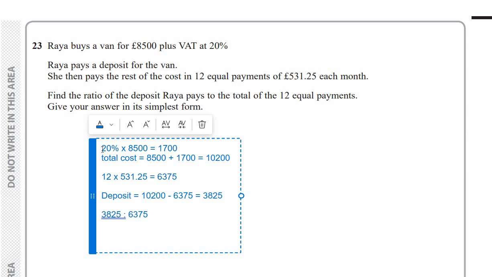Right, so we could start off by dividing by 5, because since these numbers are both ending in 5, if you divide by 5, that will give us a simpler ratio. So let's start off by dividing by 5. So that is 765 to, and again you can divide by 5.